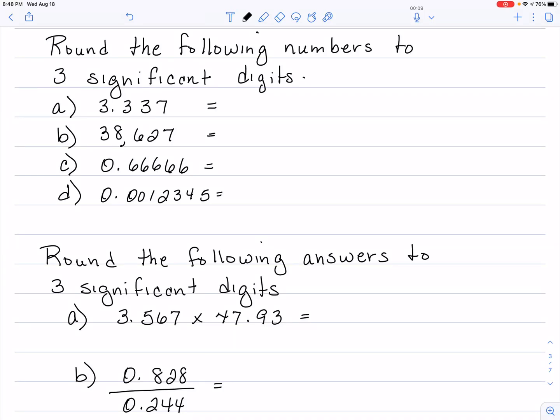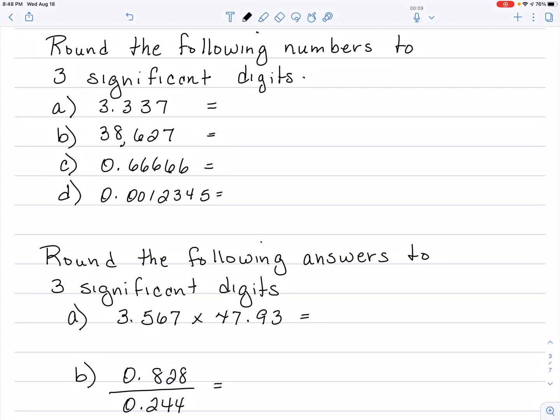Okay, we're going to do some sample problems with significant digits. So in these first few, you're asked to round the numbers to 3 significant digits. So in our first example, we have 3.337.